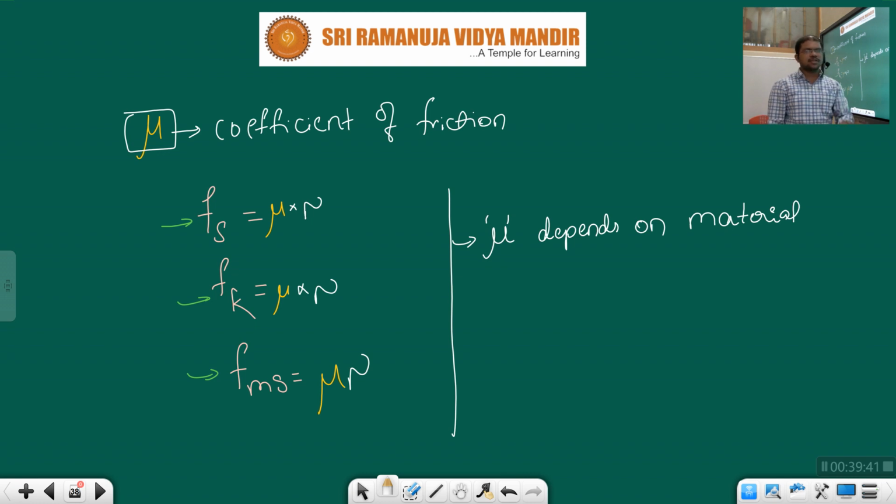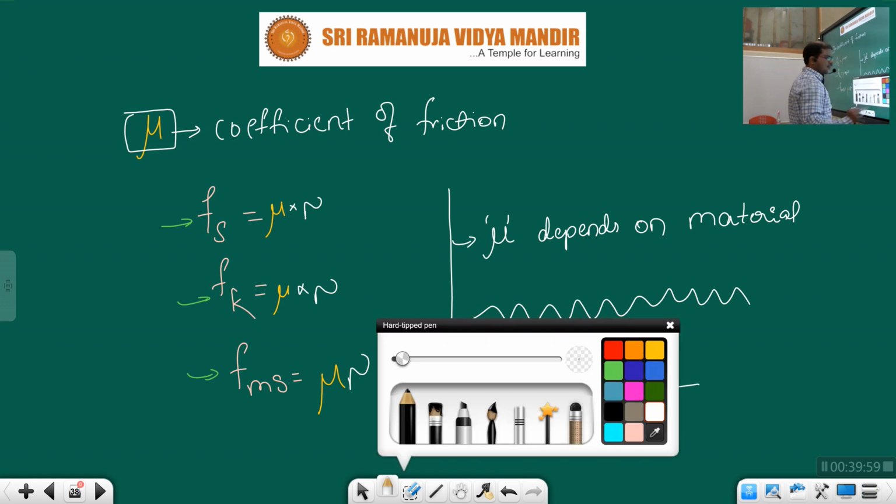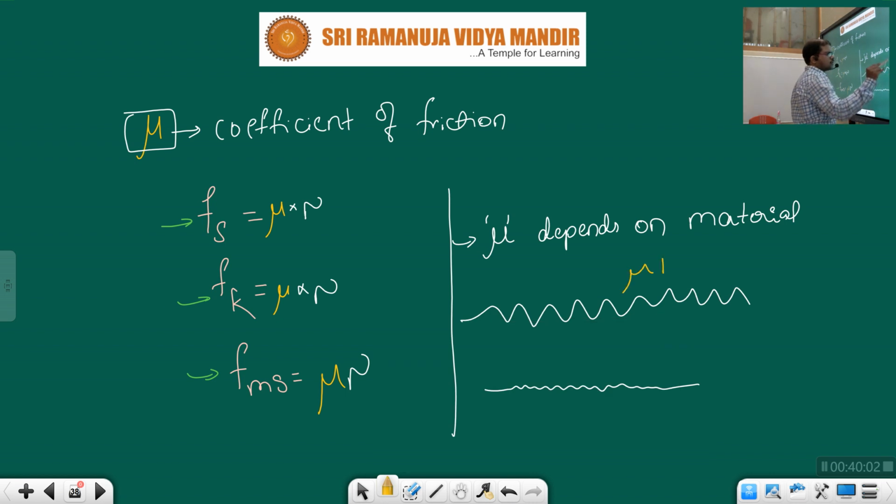If the material changes, mu also changes. Is this clear, children? We can take mu as independent; it depends only on the material. If the surface has more roughness, the mu value will be more. If the surface has less roughness, the mu value will be less.